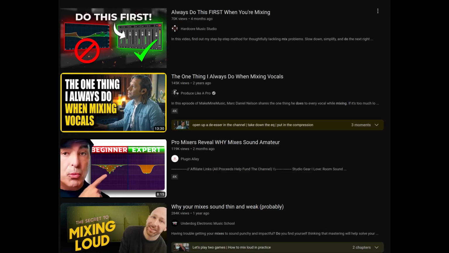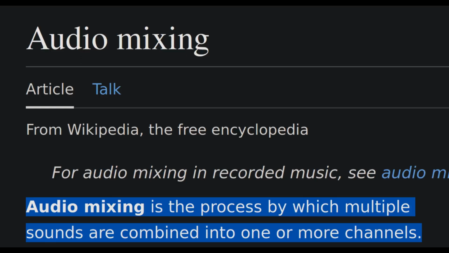You are learning how to make it so that when those sounds are combined, they still sound good, or sound even better. When combining two sounds makes them sound worse than they originally did, that is a problem with mixing. So if anybody ever tells you that some certain procedure is just inherently a part of mixing, they are objectively incorrect. Mixing is just combining two sounds into one audio channel.